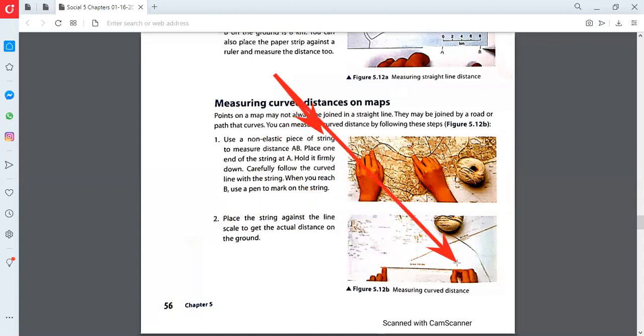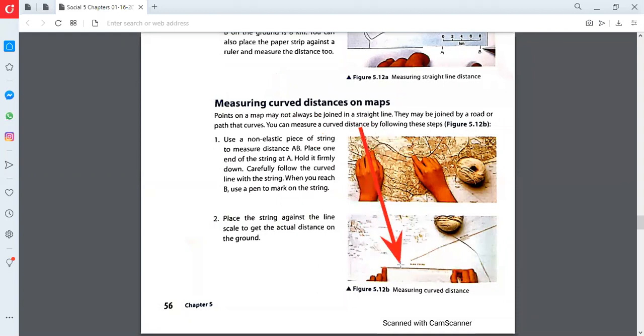So they are placing it on the scale which is given on the map, or if the scale is not given on the map, you can place it on the ruler or the scale which you have. In this way, you can get to know the exact distance between 2 points using the curved distances.